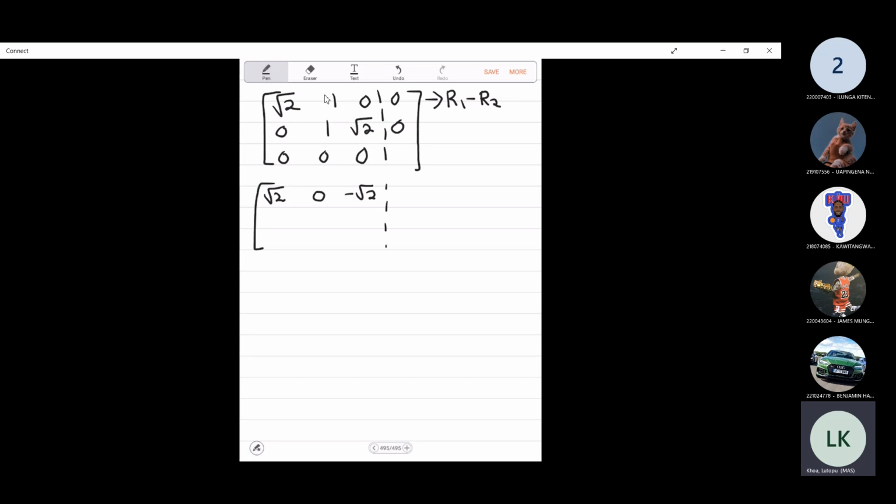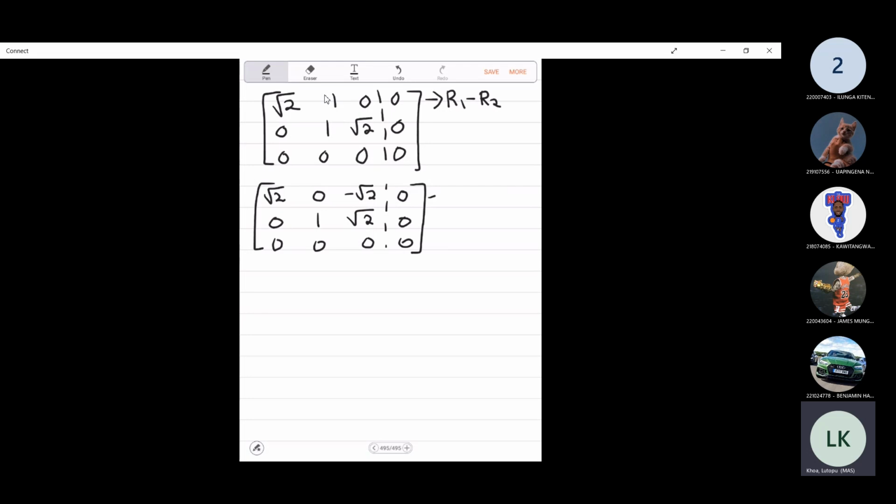And then 0 minus 0 is 0. And the second row has not changed. This is 0, 1, square root of 2, 0, and then 0, 0, 0, and 0.